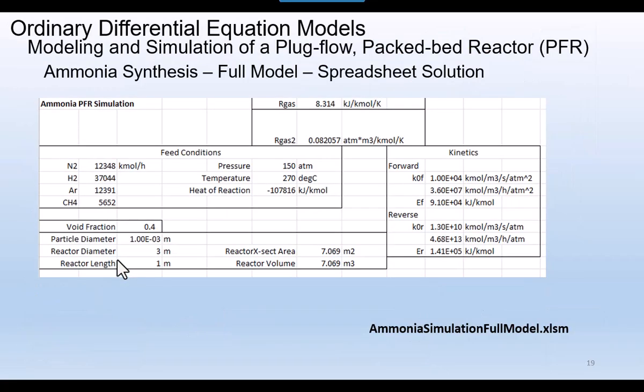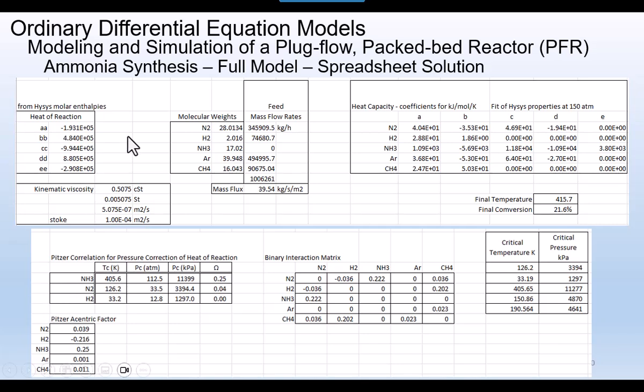Just reviewing the full model, this is pretty much the way it was before. And now we have the rest of the basic data, and we pointed out that we've got the kinematic viscosity here. That was new. And then the mass flux was new because those were needed for the Ergun equation. And the rest of the basic data is pretty much the same as the other model.